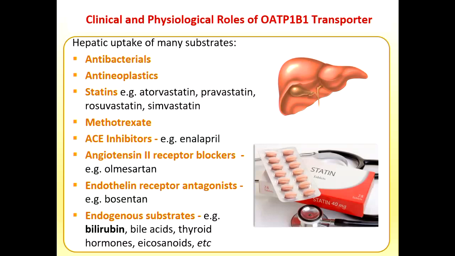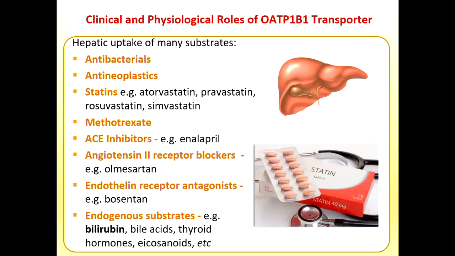But some other important drugs too: methotrexate, very important pharmaceutical, ACE inhibitors, angiotensin II receptor blockers, endothelin receptor antagonists, perhaps not as clinically used, but certainly ACE inhibitors and angiotensin II receptor blockers are mainstays of modern hypertension therapy. So these are significant pharmaceuticals, and statins as well, for controlling hyperlipidemia. So these are drugs that are used a lot in modern medicine.